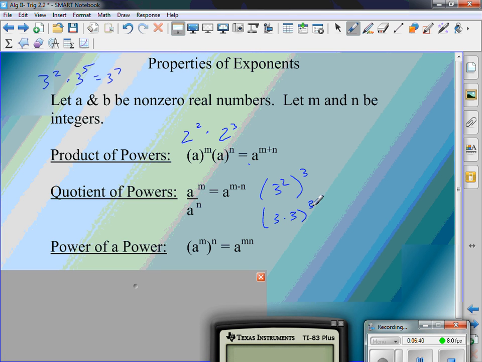I need 3 groups of those. 3, 3, 3, 3, 3, 3. How many 3's do I have now? I have 6. Instead of writing out all the 3's, all I'm really doing is taking 2 times 3 is 6, so it's 3 to the 6th. When you have an exponent to an exponent, you multiply the exponents.